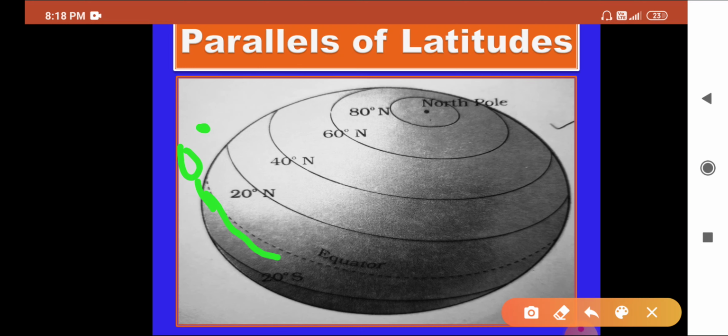Same, southern hemisphere lines are indicated with S, and northern hemisphere lines are indicated with N. From equator to North Pole there are 90 lines, and in the southern hemisphere from equator to South Pole there are 90 lines which are parallel to each other, not joining each other.